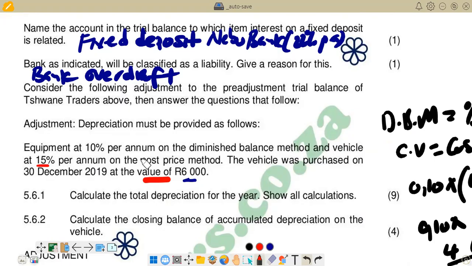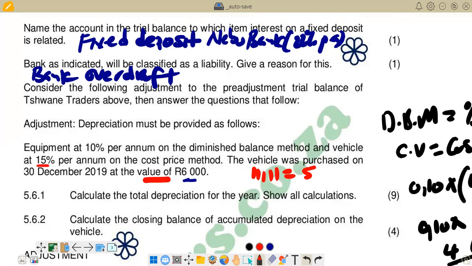It stayed January, February, March, April, May. 1, 2, 3, 4, 5. Because the year is ending May, it means it stayed 5 months. So we are going to calculate depreciation of this vehicle, and then we multiply by 5/12 because it stayed only 5 months.